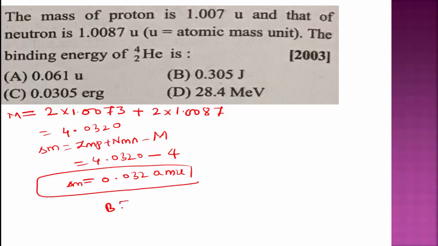Then the binding energy BE is equal to delta m × c square, that is 931 × 0.032. We get nearly about 28.4 MeV approximately. Option D is the right answer.